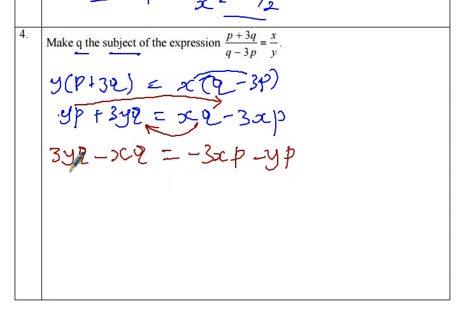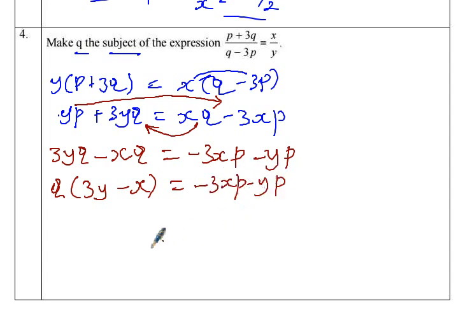Good. Now that we have the terms with the q on one side, we can factorize. Q is becoming common, so I can write q, I open brackets, I have 3y minus x. Do you see that? When I multiply this by this, I go back to this. This is equal to, I do not need to worry about this side because these terms can be there the way they are.